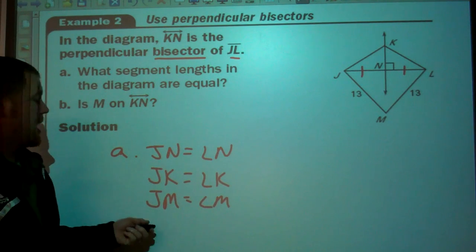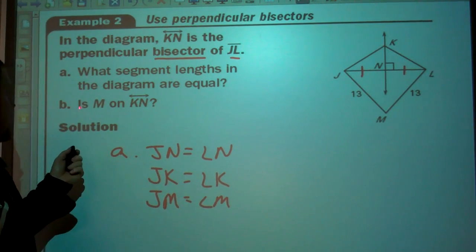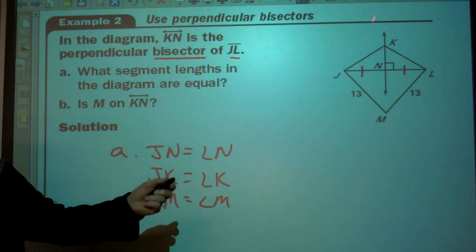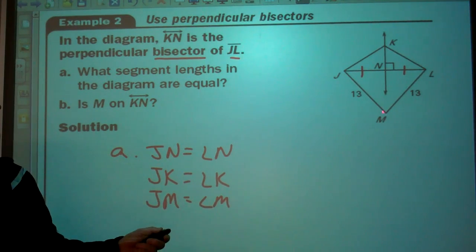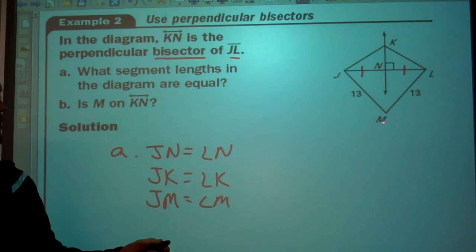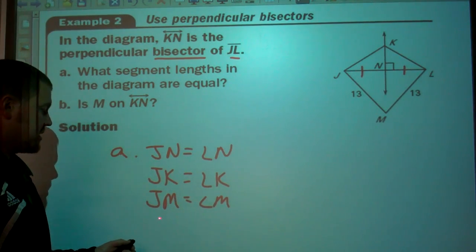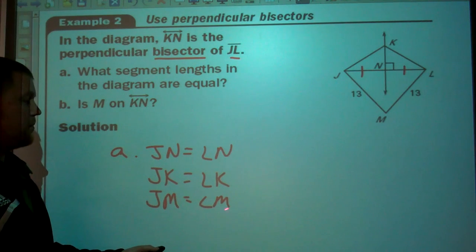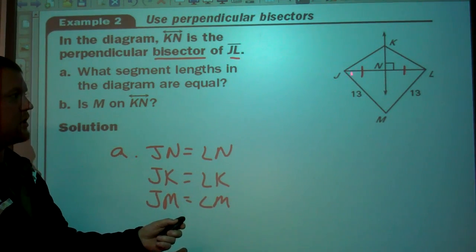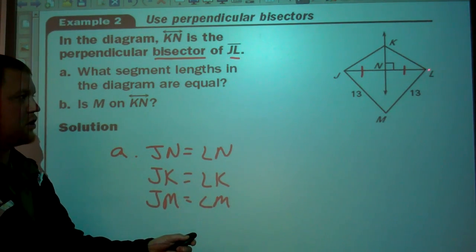Now part B: is point M on line KN? Again, we can't assume that this line is going to continue and intersect it. We have to know that. Well, what do we know? Because these two lengths are equal, point M is equidistant from the endpoints of segment JL.